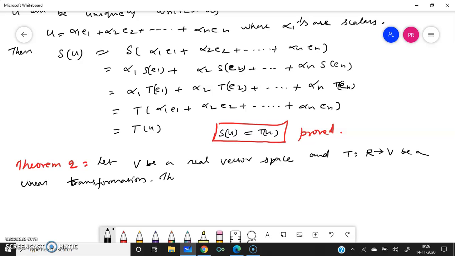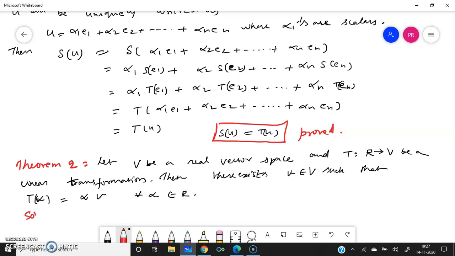Then there exists v in V such that T of alpha equal to alpha v for every alpha belongs to R. Now the proof.